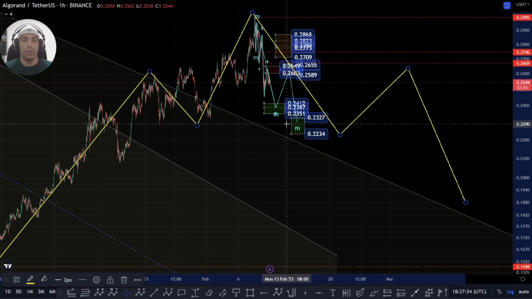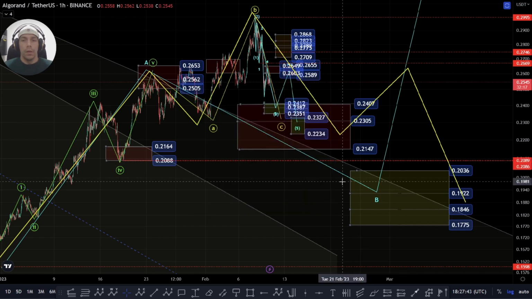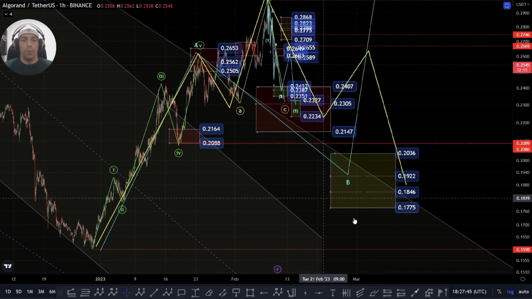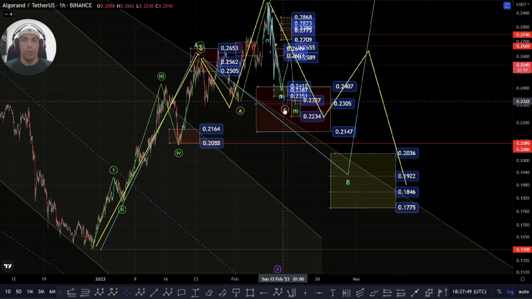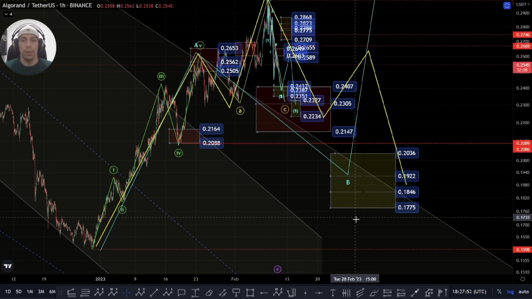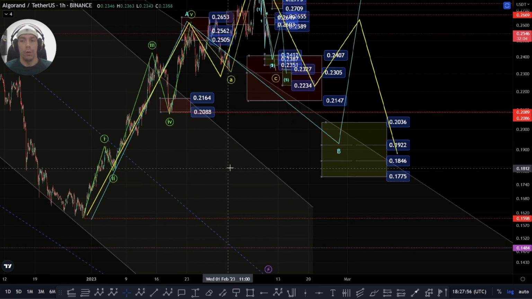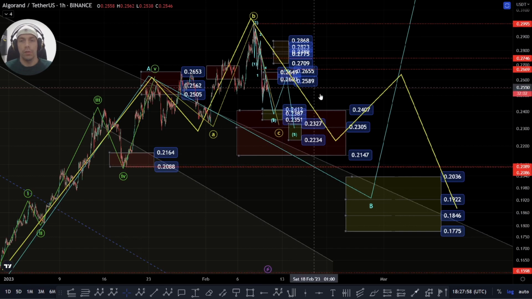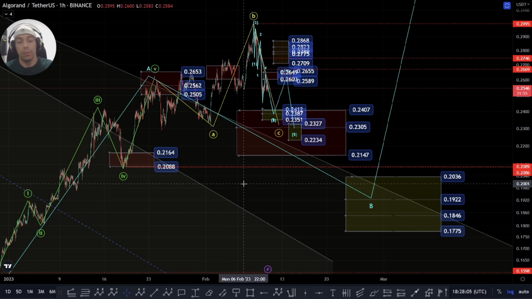Like I said, if we start losing these lows of this 2290 and this lower end here of this 2078, then effectively our last sort of zone of support that I'd be looking for would be this yellow box. But if we start to form bigger five-wave structure here, it becomes more likely that actually we're going to go down one more time and set a new low. And then basically, once we start to get the structure forming here, we can get a better idea of exactly where that will go. But for the time being, that is all I'm seeing.